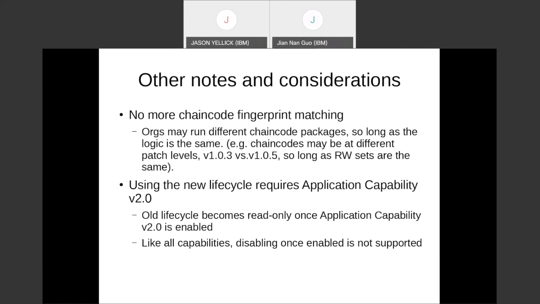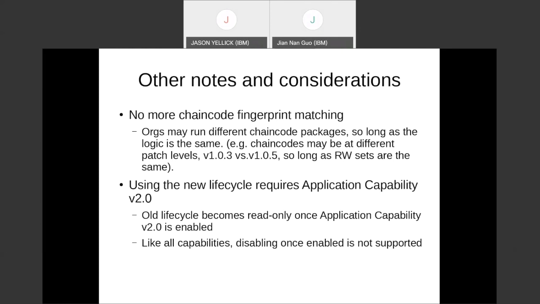But basically, you can't change them anymore. So if you needed to, for some emergency reason, upgrade your version of the chaincode, you would need to do that in the new lifecycle, not in the old lifecycle. It shouldn't be a problem operationally, but it's just something to be aware of.